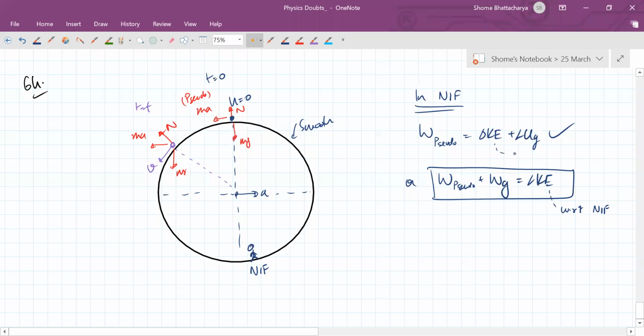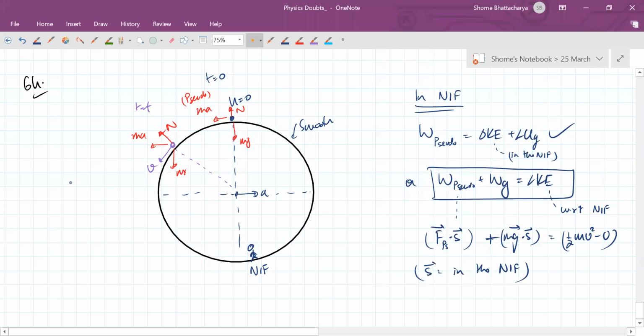The change in kinetic energy is in the non-inertial frame, so this u and this v are in the non-inertial frame. Now this pseudo force is a constant force. In this also, S is the displacement in the non-inertial frame.